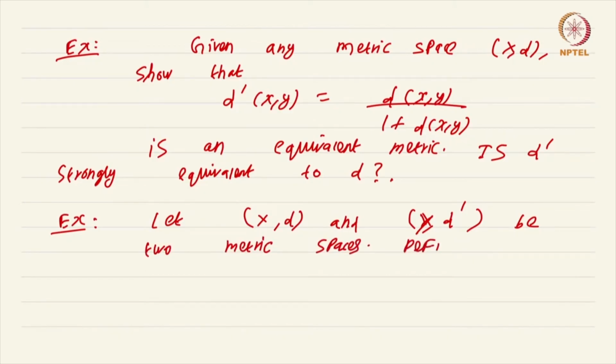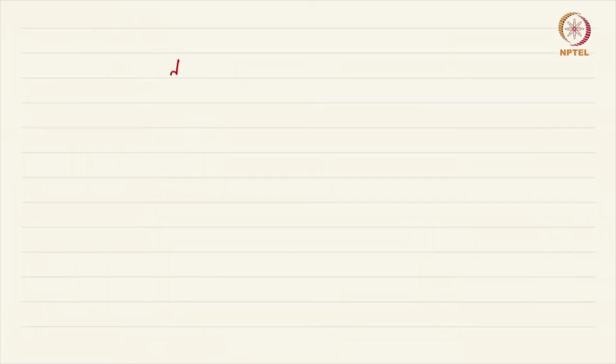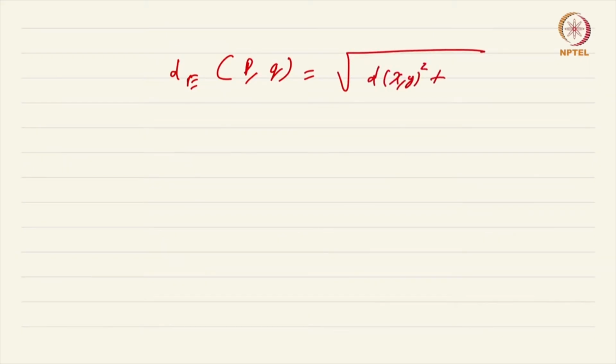Define, for P equal to (x, y) and Q equal to (u, v), the following: d_E of P comma Q is under root d of (x, u) squared plus d prime of (y, v) squared.